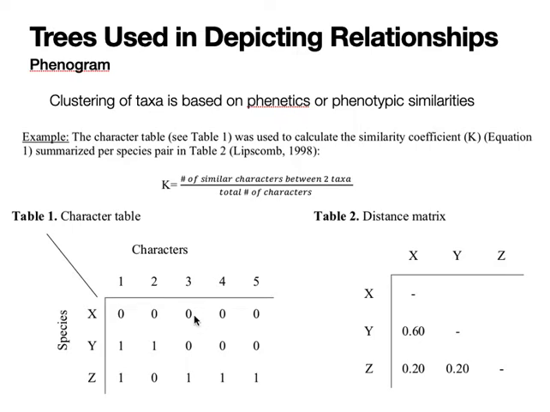Yung character trait nila for character 3 are the same. Okay? That goes the same with 4 and 5. That's why if we are going to compute the distance matrix between species X and Y, 0.60 yung lalabas. Simply saying that for the 5 characters considered in comparing species X and Y, 60% similar sila. So, ganito lang yung computation nito.